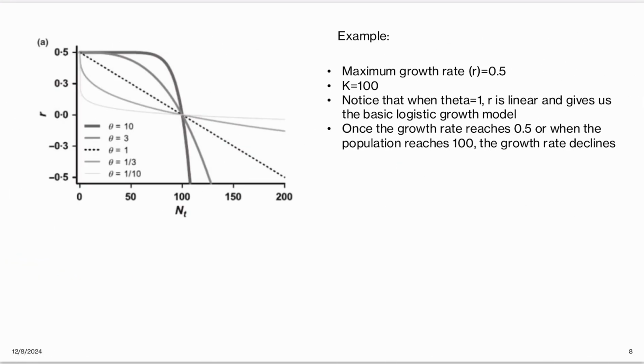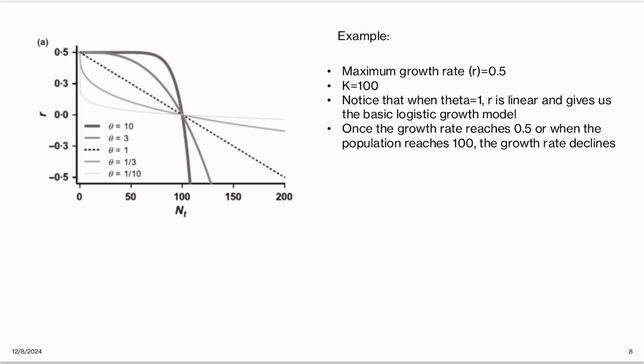Now, here on this slide, I have an example of different values that were put in for theta. The maximum growth rate in this graph, R, is 0.5. K, which is the carrying capacity, is 100. Now notice that when theta equals 1, R is linear, and this gives us the basic logistic growth model. Once the population reaches 100, the growth rate declines.